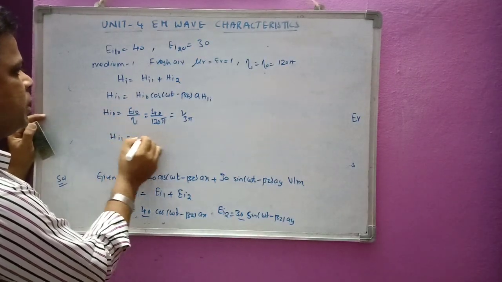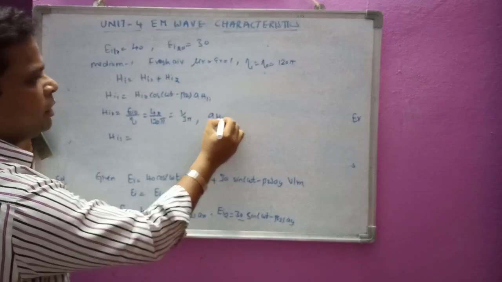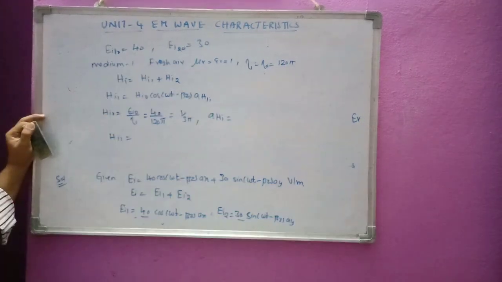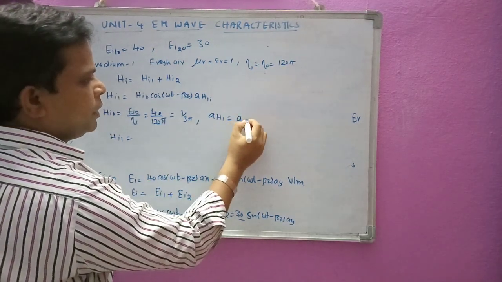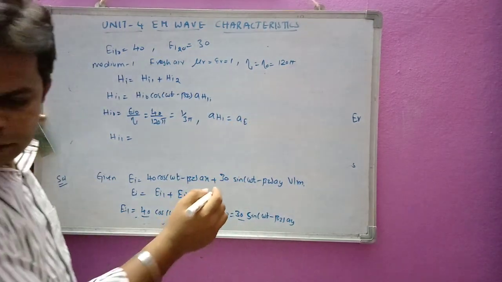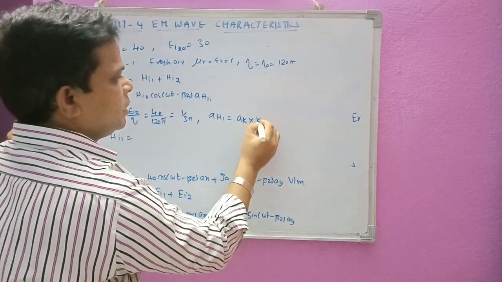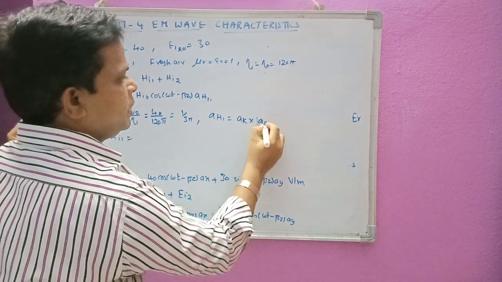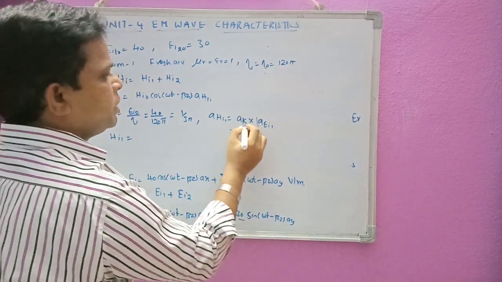HI1 is given by, in order, first we have to find the direction, that is aHI1 is equal to aK cross aEI1. So what is the direction here, aK?